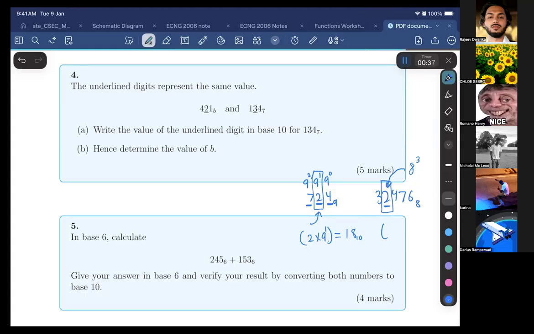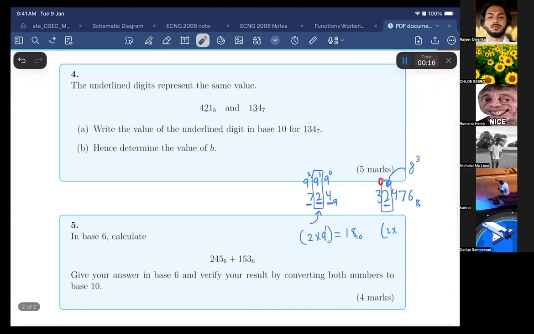If you want to figure out the value of the 2, you're going to see what you have there.